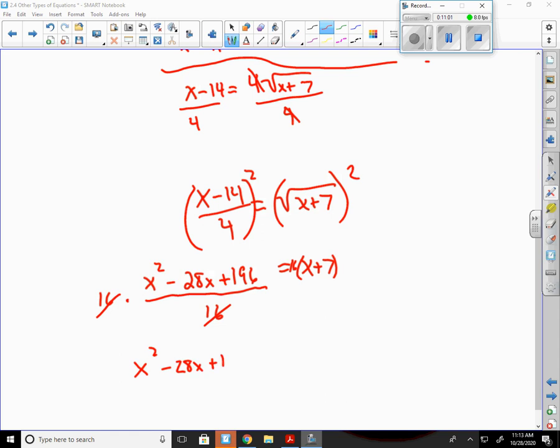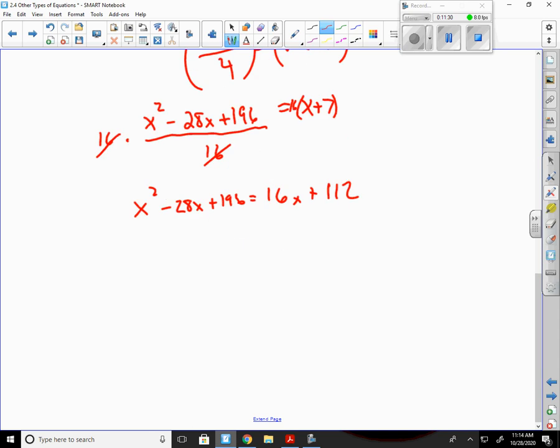It's a real pain. So I'd much rather just do it this way. Distribute my 16 to both terms. And then 16 times 7, 112. And that's much better.